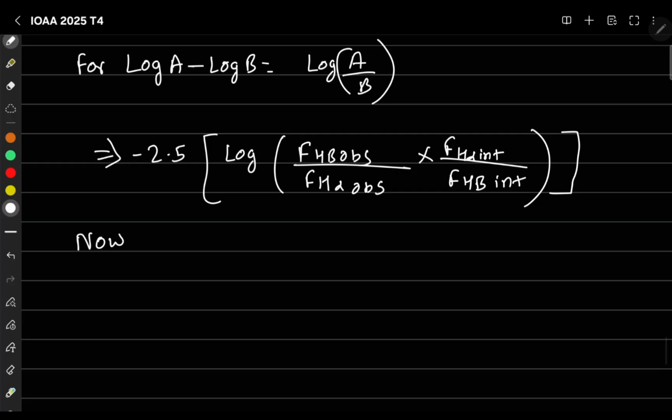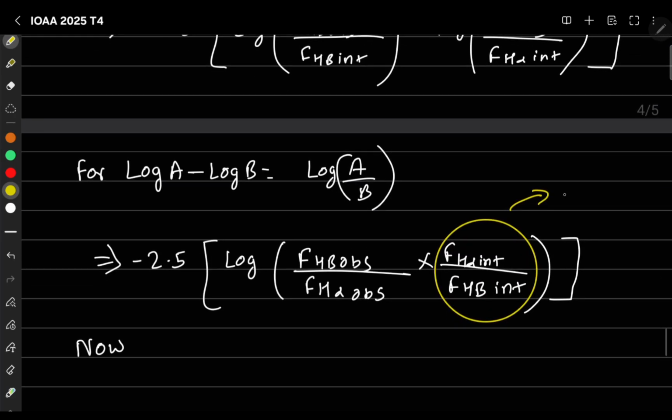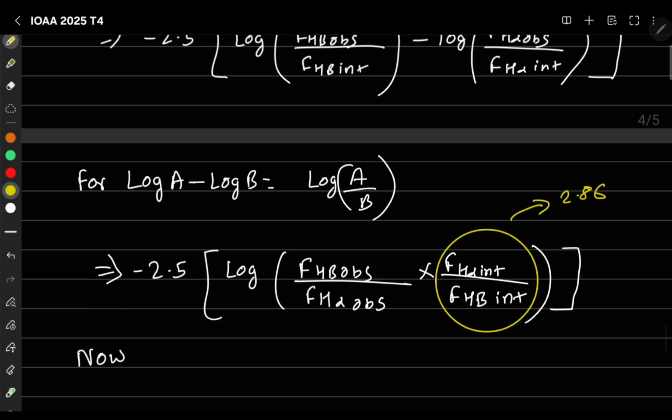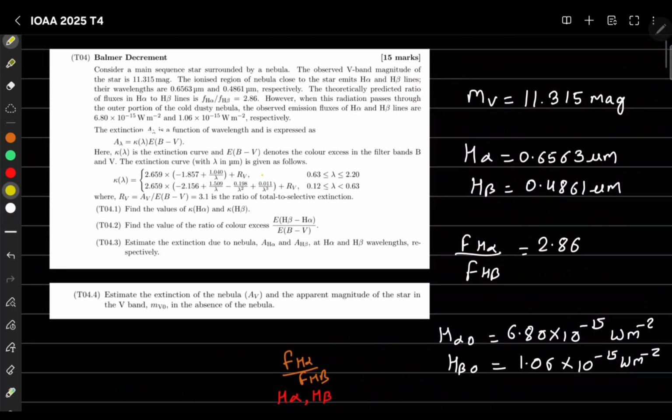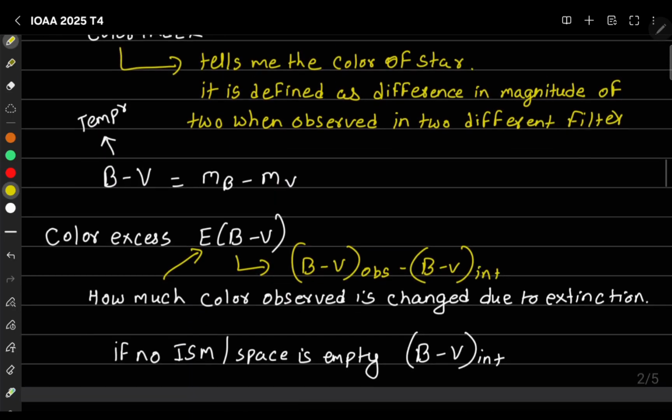Now this whole thing is 2.86, 2.86, and similarly we can find the relation from that observed one. If I just use this one, I can find the relation for that, right?